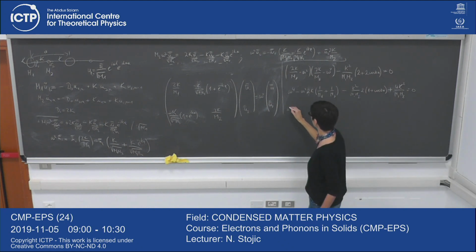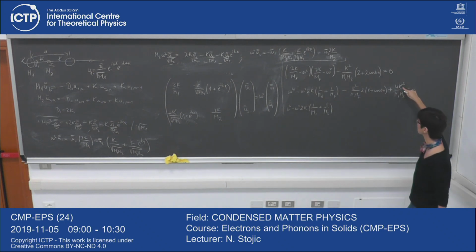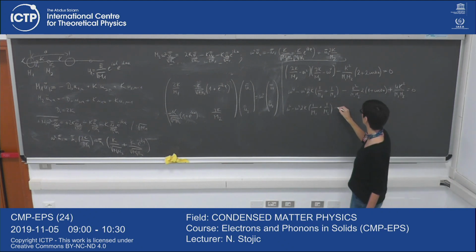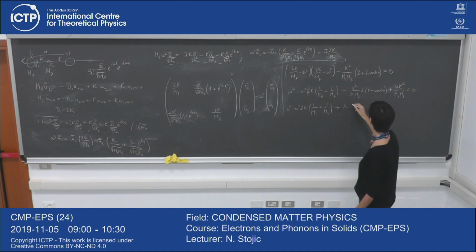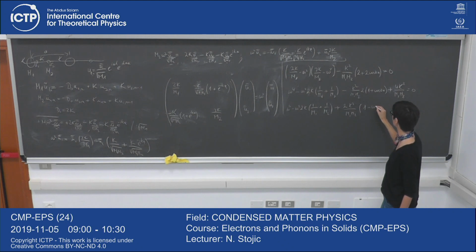So we can keep copying this. So here we have 4k squared and 1 and 2. Here we have 2 minus 2. So this will be plus 2k squared and 1 and 2 times 1 minus cosine k.